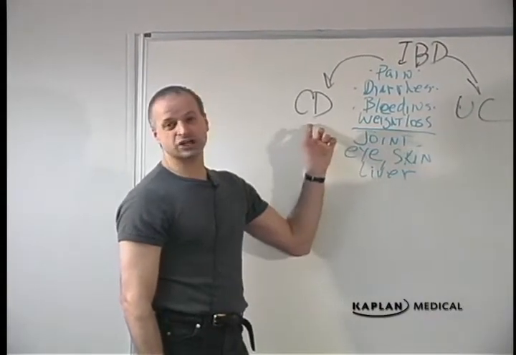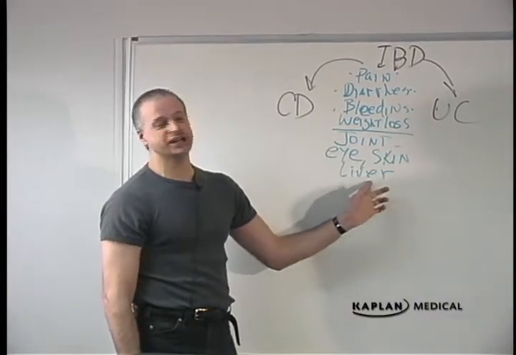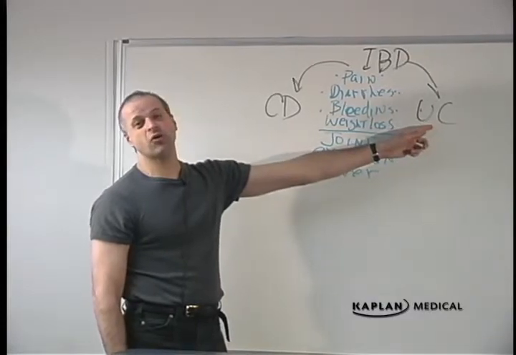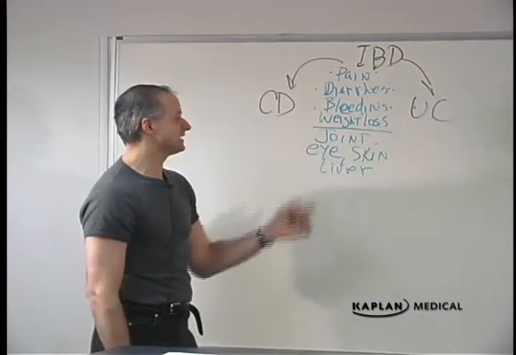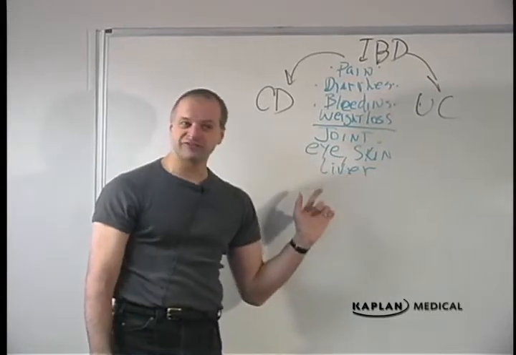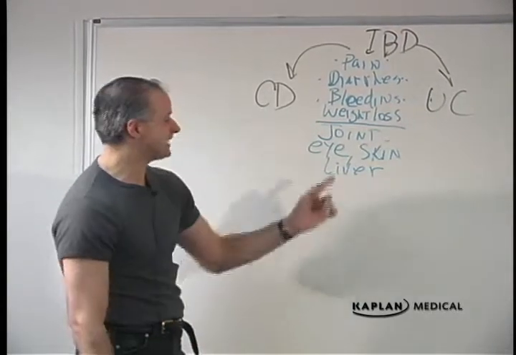If you have colonic Crohn's, you're going to get sclerosing cholangitis. The extra-intestinal manifestations are going to be identical.